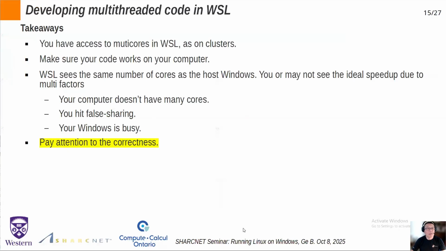okay. So the takeaways: you have access to multiple cores on WSL Linux, and make sure that your code works before you move on to other computers. Also, most importantly, you need to pay attention to correctness.